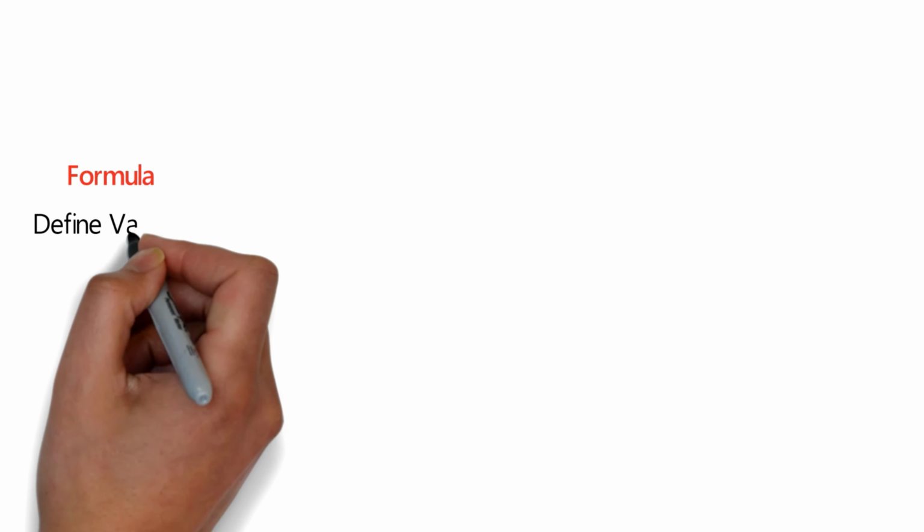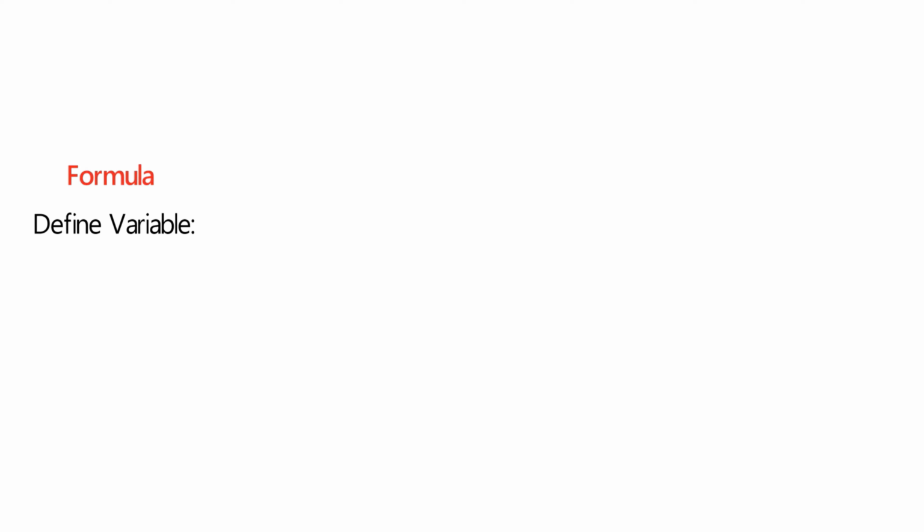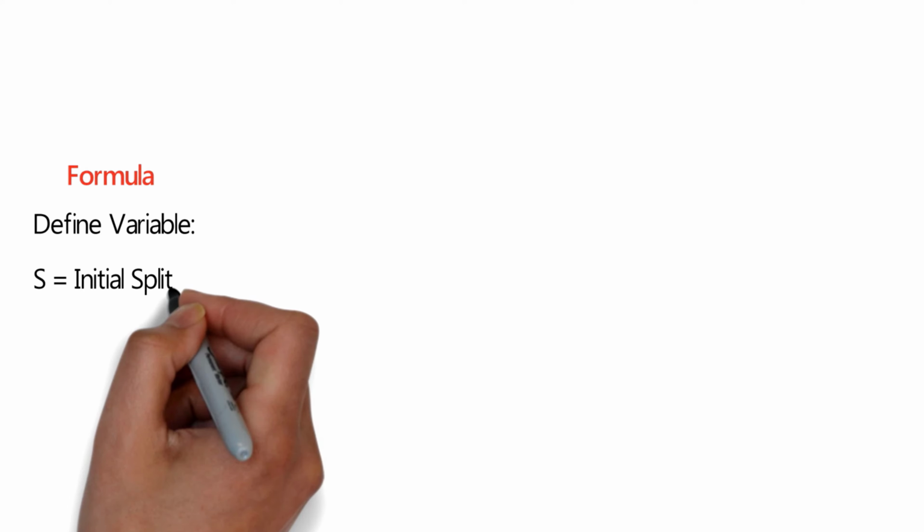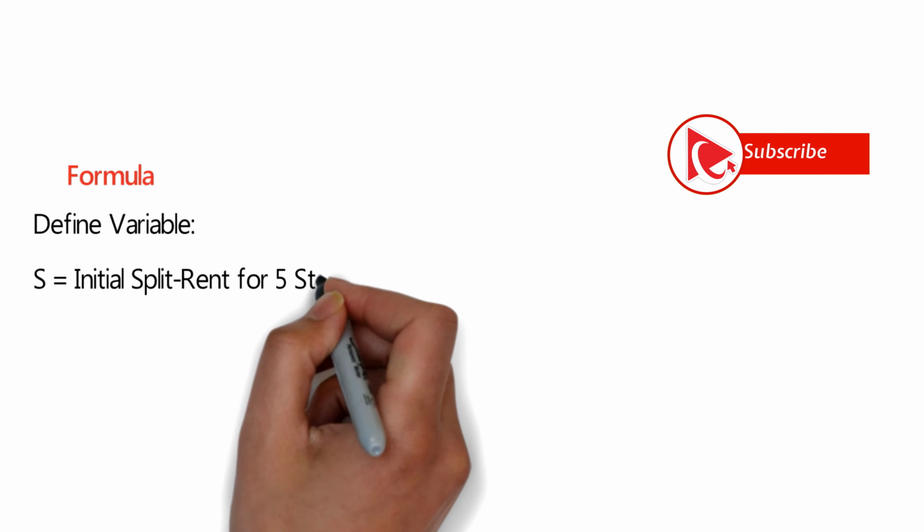One of the easiest ways to solve this challenge is to create a formula. Let's start by defining a variable, and we will define this variable as S, which would represent an initial split rent for 5 students.